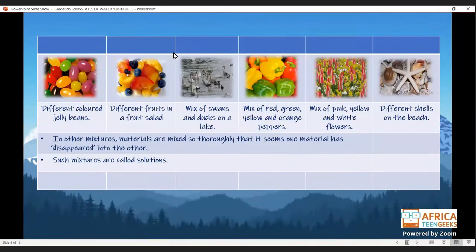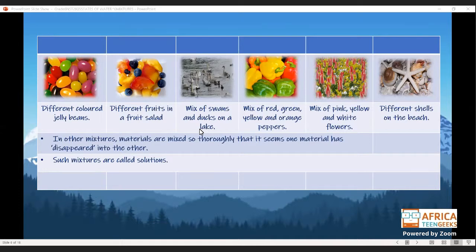This is what I wanted to show you. We have our different colored jelly beans, as was suggested. Okay, you can see the colors very clearly. Also, you suggested fruits and a fruit salad, and there you go. There you can see the different pieces of fruit.